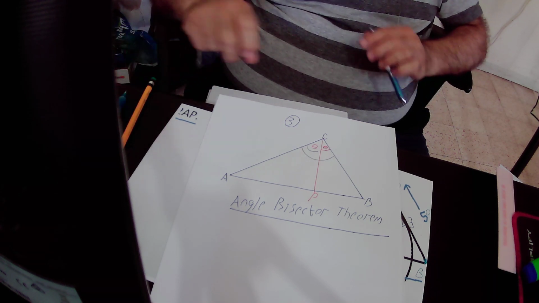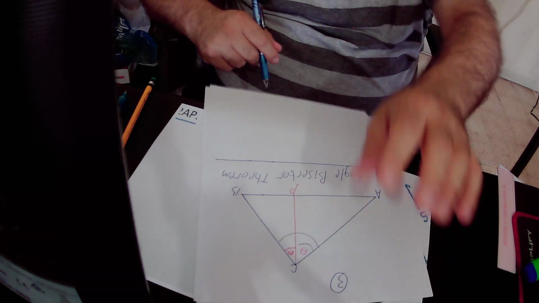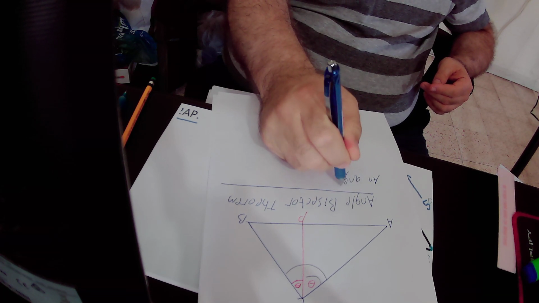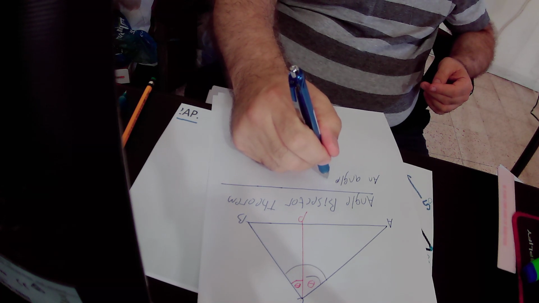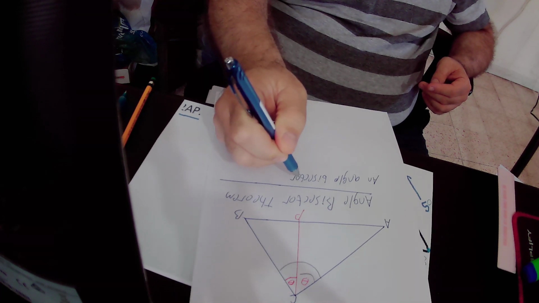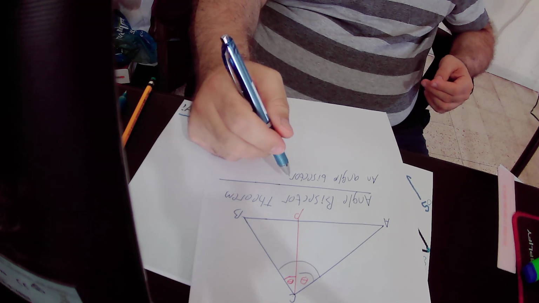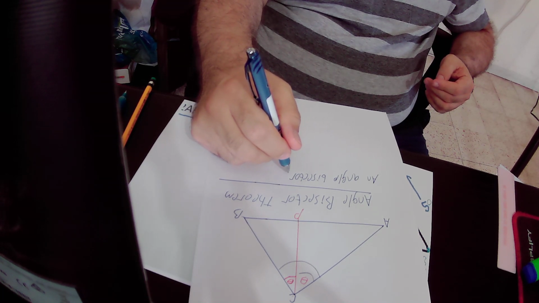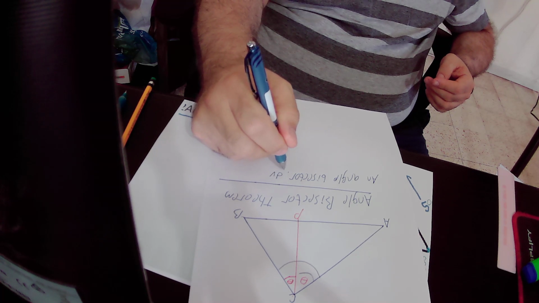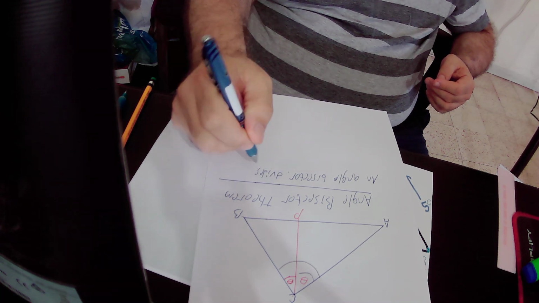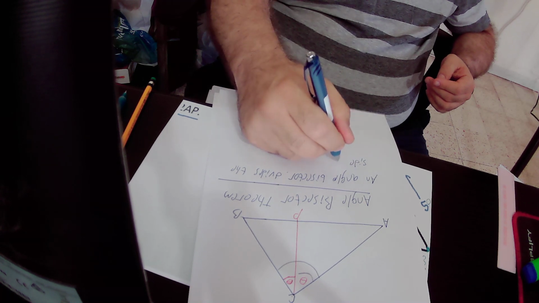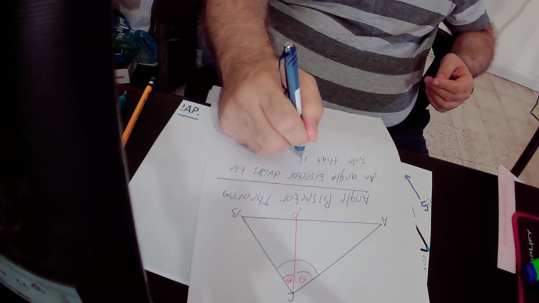Okay, and the angle bisector theorem states that an angle bisector, that is to say line CP, divides the side that it meets.